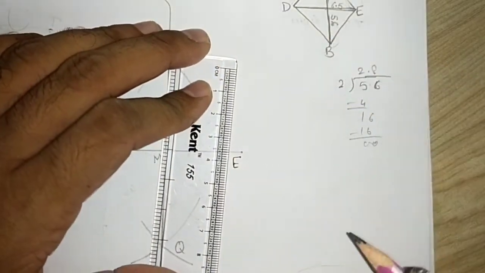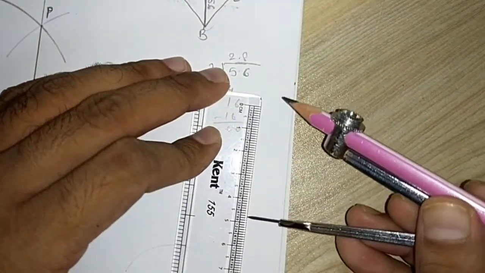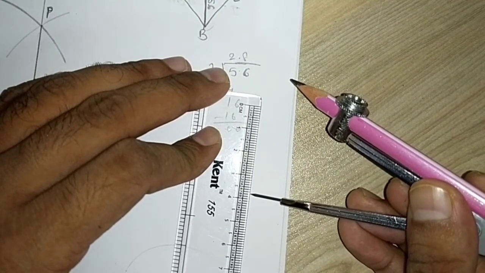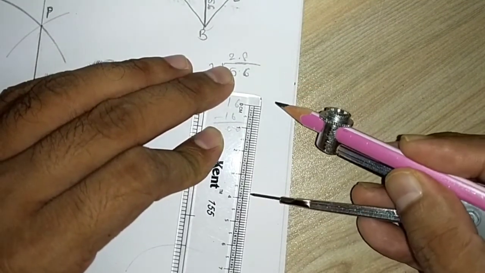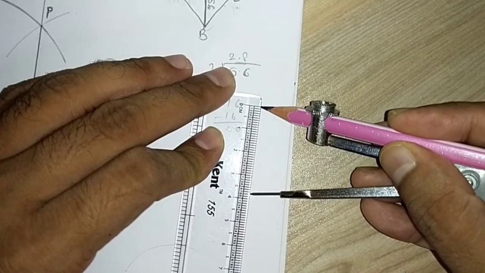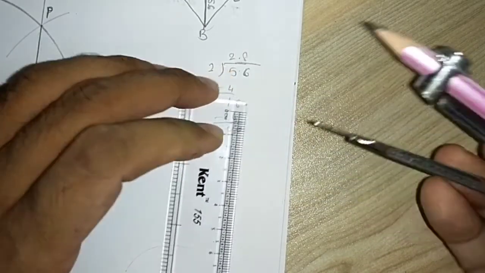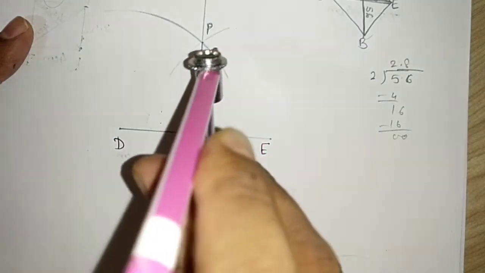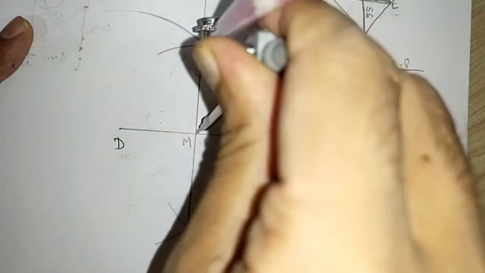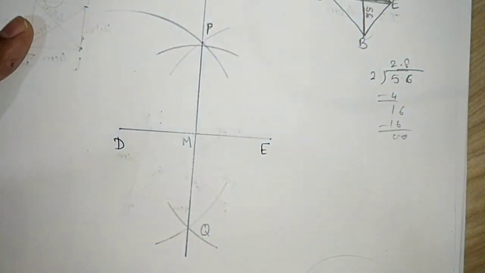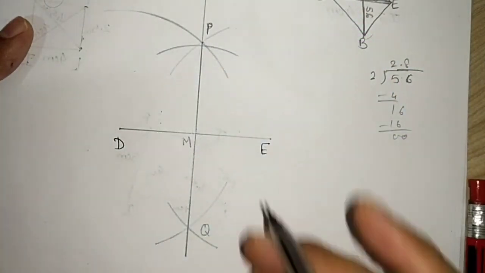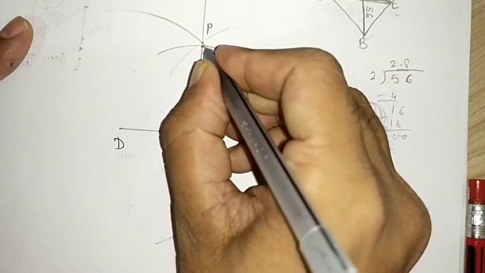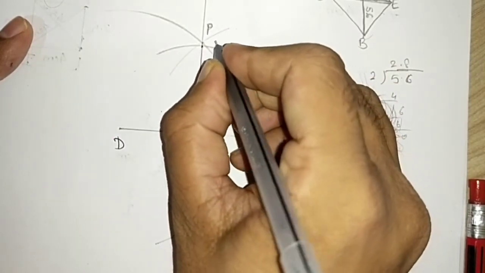Now taking 2.8 in the scale, put on M and cut wherever at PQ and name that point as N.